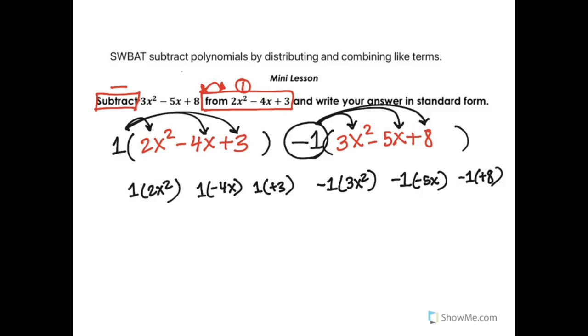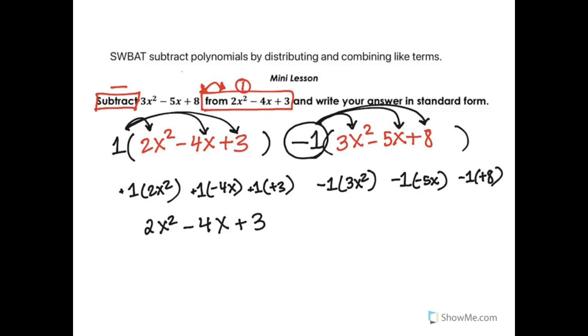Now we can continue with just our multiplication. Now the great thing about multiplying by a positive 1, which we have in all of these first three terms here, is that we get the same exact thing back. So positive 1 times 2 is just positive 2x squared. Positive 1 times negative 4 is just negative 4x. And positive 1 times positive 3 is just positive 3 right back again.